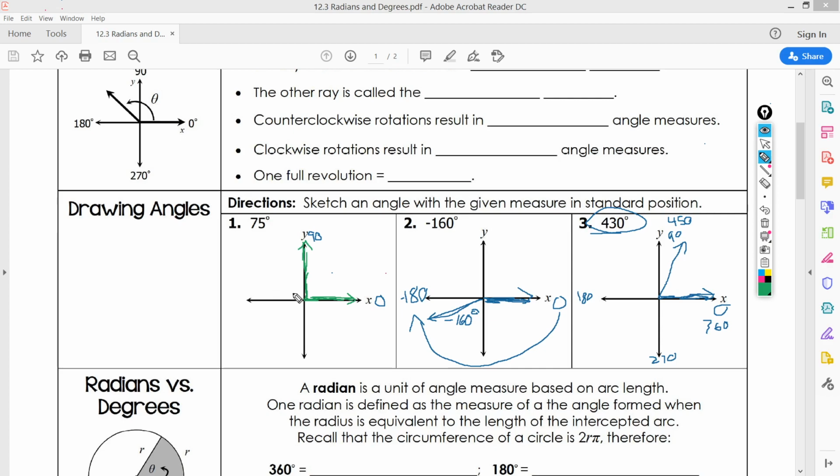Technically, you don't know. Technically, it's 90 degrees, but it's also 450 degrees. And it's also, 360 times 2 is 720, plus 90 is 810, so it's also 810 degrees, and so on and so forth like that.